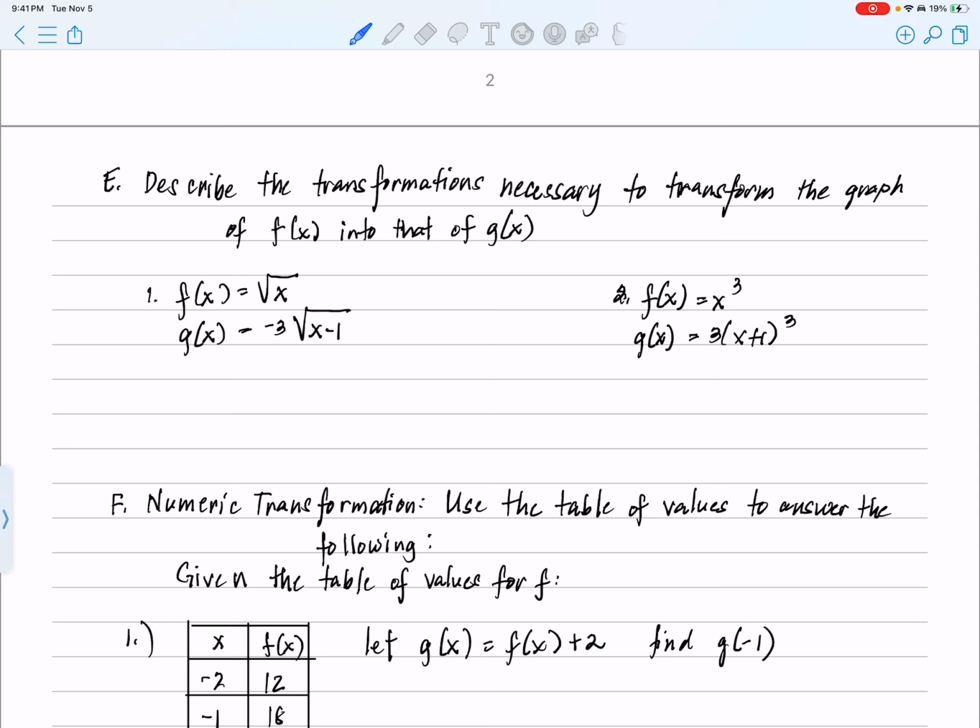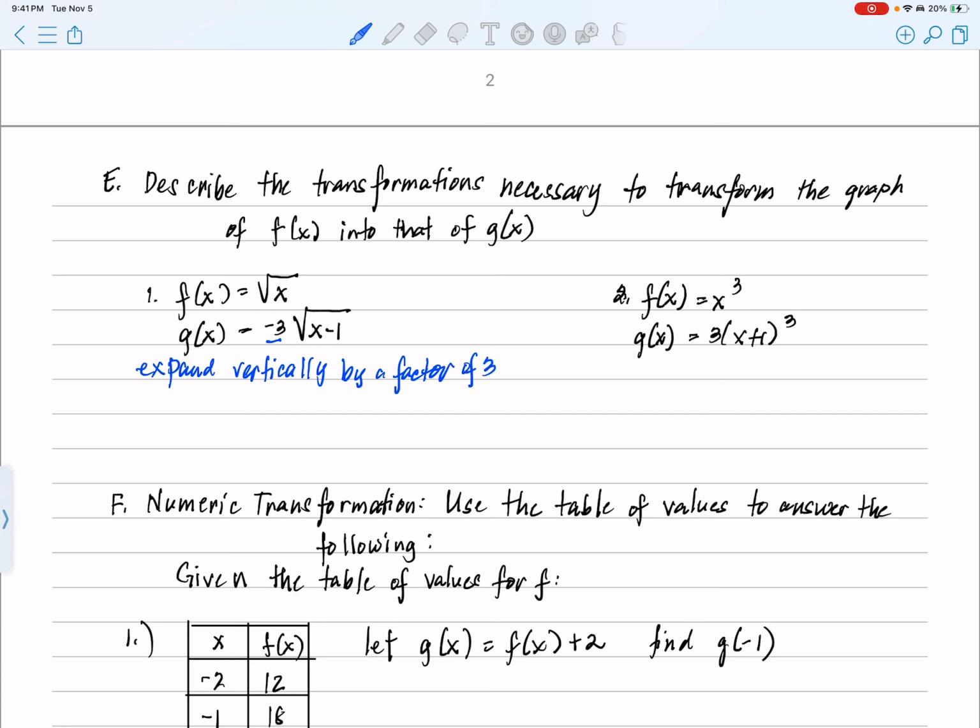So I'm going to start with that negative 3. Because it's outside, it expands vertically. Vertical stretch. So vertically by a factor of, how much is the factor outside? By a factor of 3.